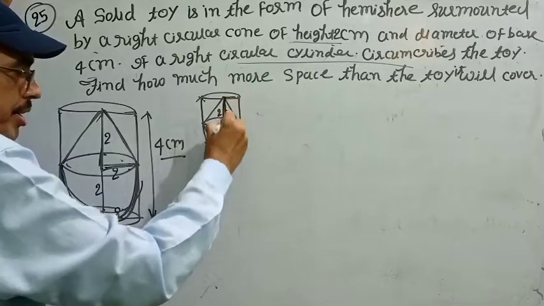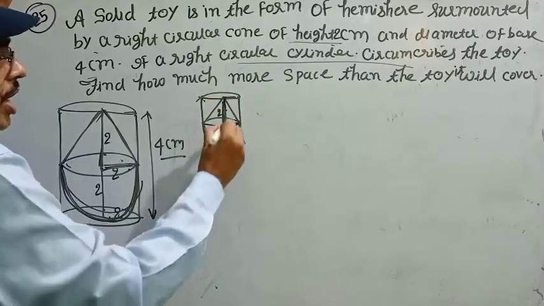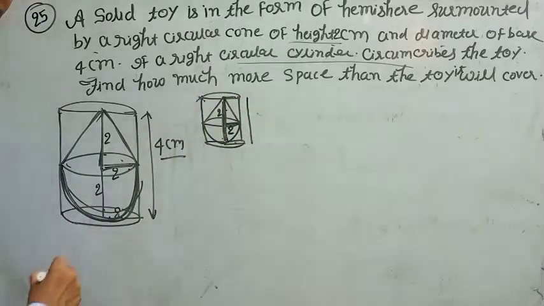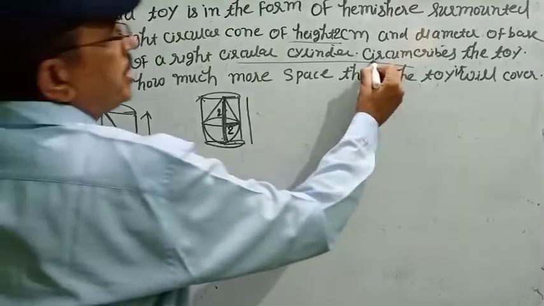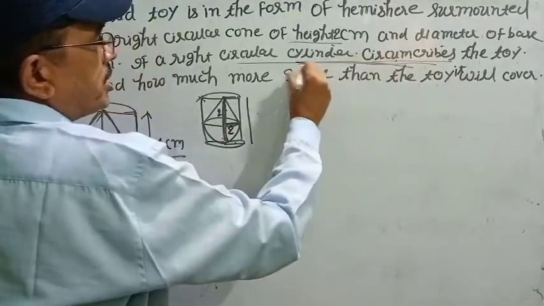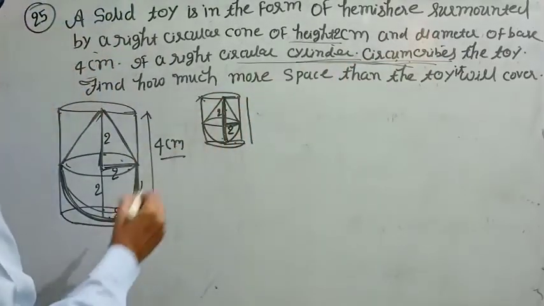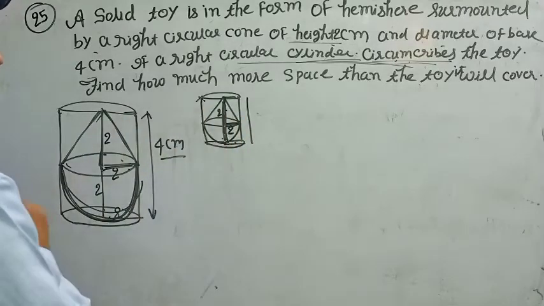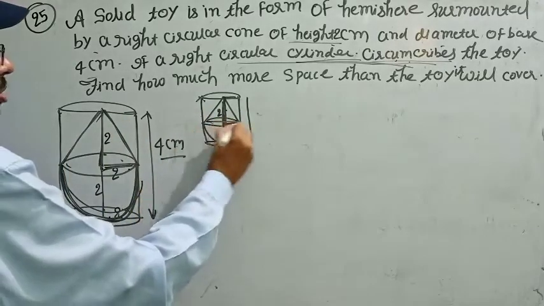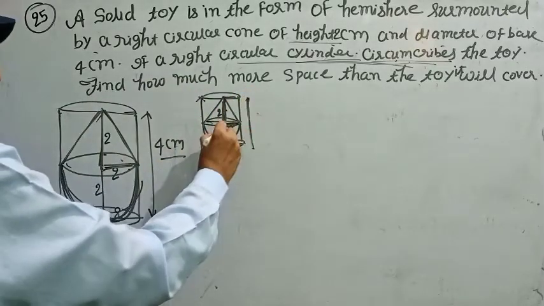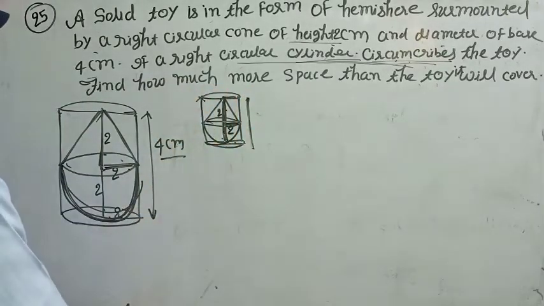The height of the toy is also equal to the height of the cylinder that circumscribes the toy. Circumscribe means the cylinder circumscribes the toy. That means the radius of the toy is equal to the radius of the cylinder, or the diameter of the toy is equal to the diameter of the cylinder, and the total height of the toy is equal to the height of the cylinder.